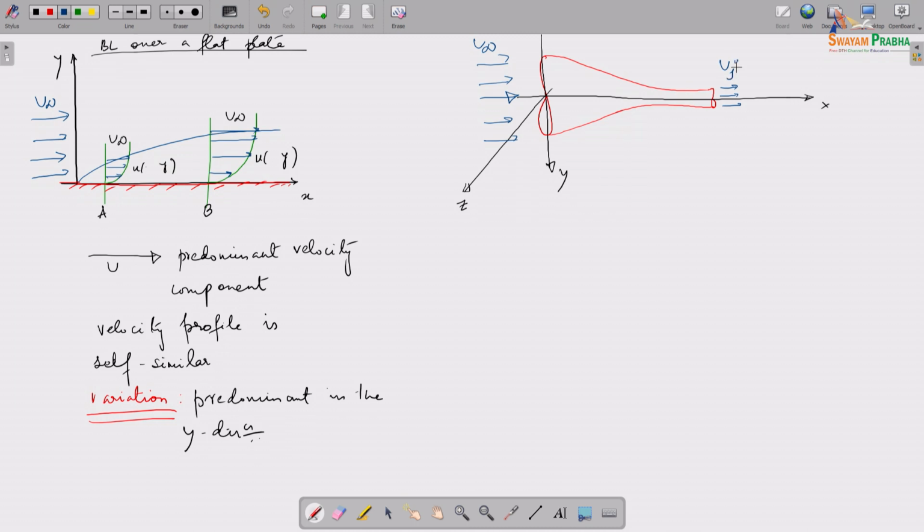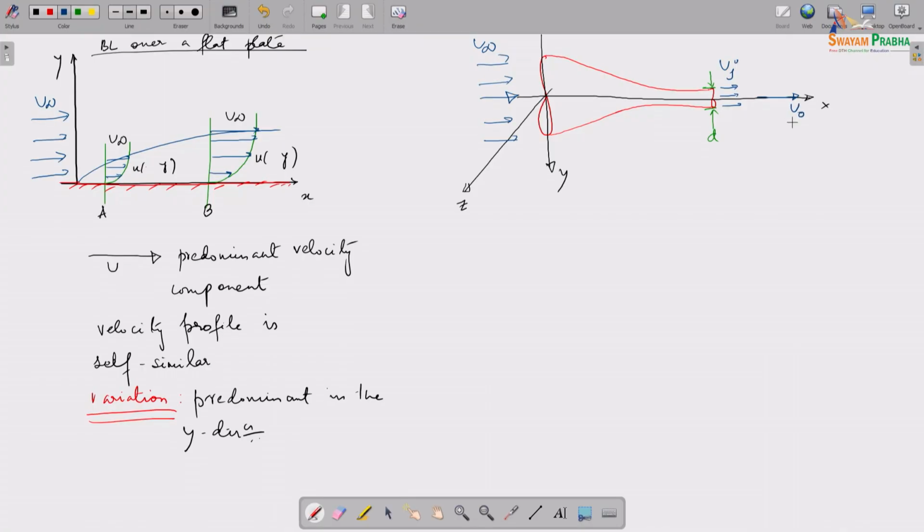There is a developmental length, which is about 25 times the diameter d. Beyond 25d, we are looking at the jet properties, which are self-similar. We also saw that the Reynolds stresses are self-similar beyond the developmental length.